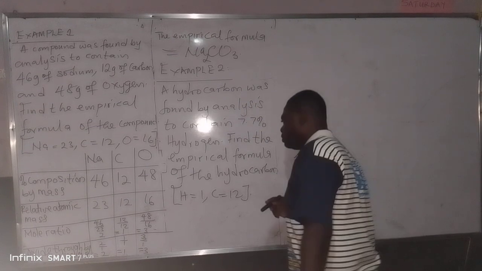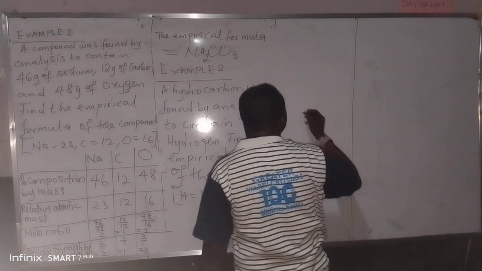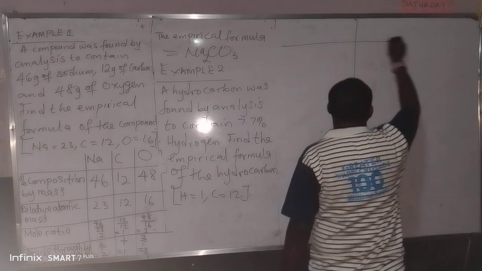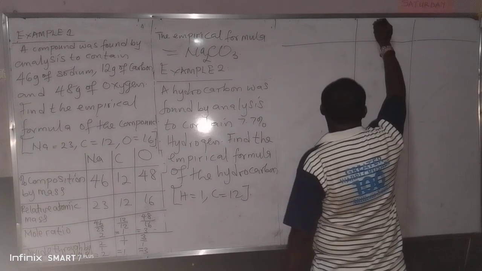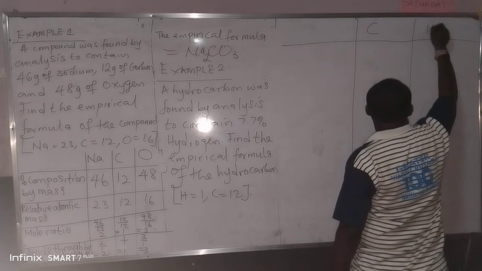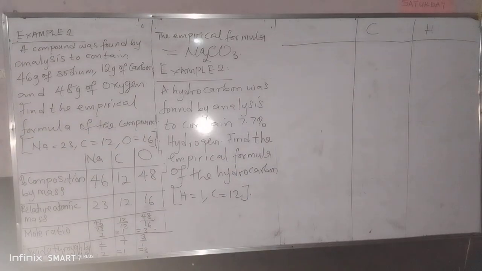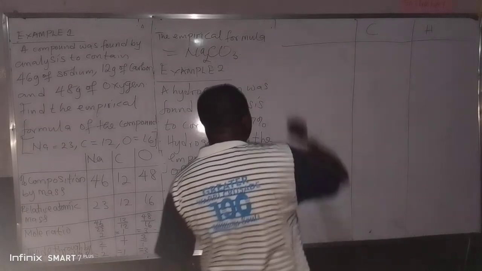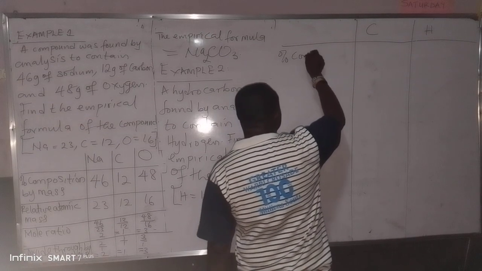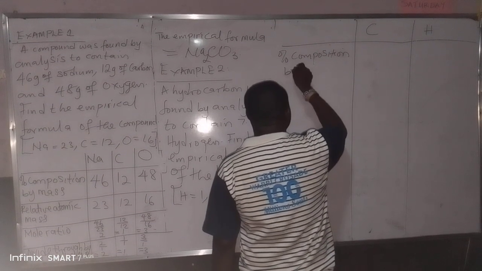Now, to tackle this problem, we are writing our table. In our table, we have carbon and hydrogen, because they say the compound is hydrocarbon. So if the compound is hydrocarbon, it contains carbon and hydrogen. So you go on with percentage composition by mass.